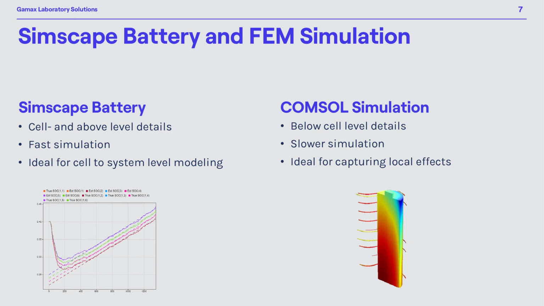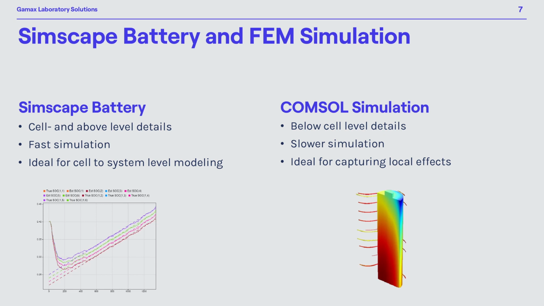While with a COMSOL simulation, a finite element model simulation, you can also capture details below cell level. You can see on the left a scope where we see the state of charge of one cell, for example, that we can reach with Simscape Battery. But if we are interested in how the temperatures inside the cell look, then a COMSOL simulation can offer us a solution.